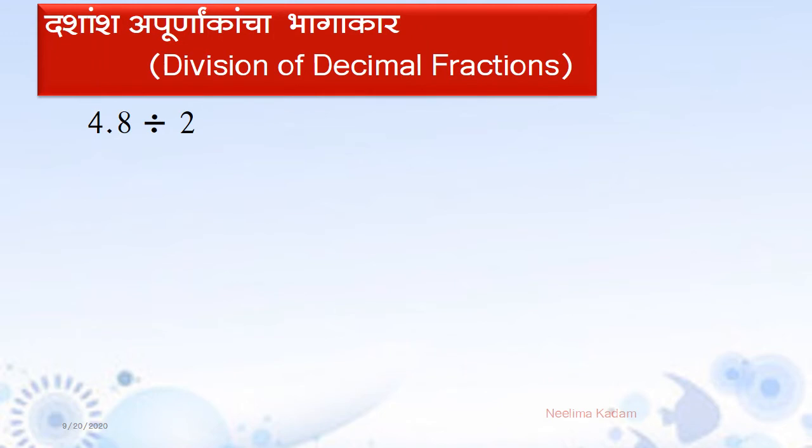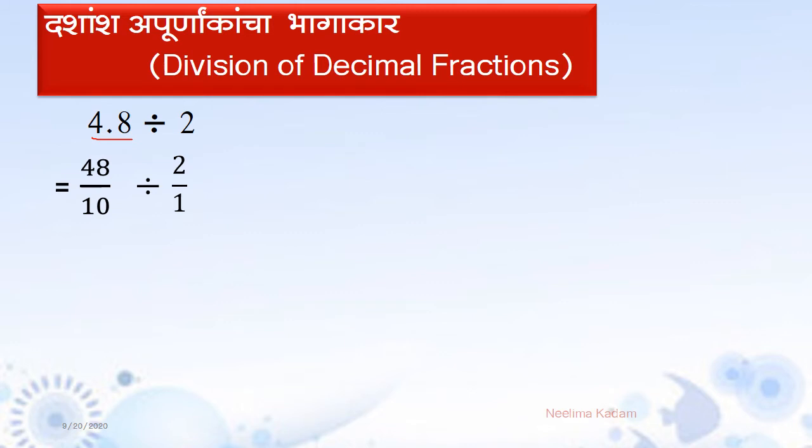Now division of decimal fractions. 4.8 upon 2. Sorry, 4.8 divided by 2. That is equal to 4.8. We will write this as a common fraction, that is 48 upon 10 divided by 2 upon 1.